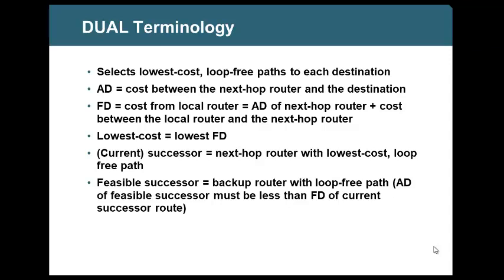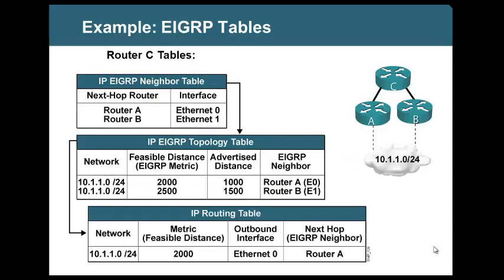So with the help of a nice diagram, we learned it. If you notice here, the advertised distance of this backup path is less than the successor value. This is less. So it is now placed into the topology table for the same prefix.